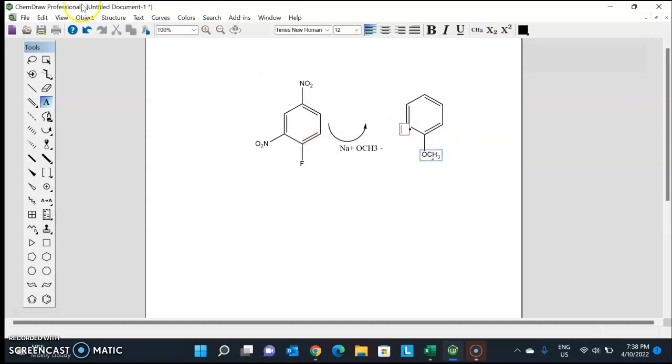I'm not going to draw in the nitrogens, that just takes too much time. Anyway, that is one of our reactions that we can do with these aryl halides.